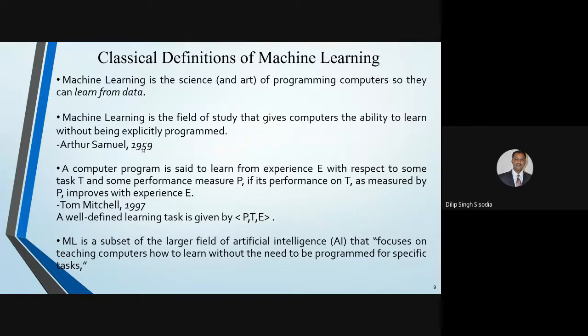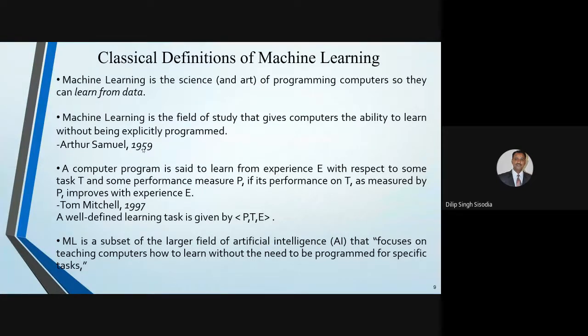Machine learning, as I said, was first coined by Arthur Samuel in a conference paper in 1959. Samuel defined machine learning as a field of study that gives computers the ability to learn without being explicitly programmed.